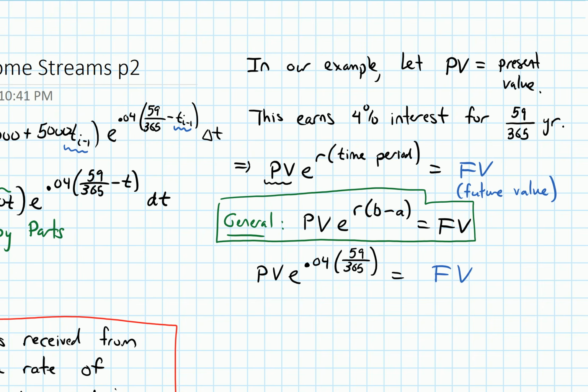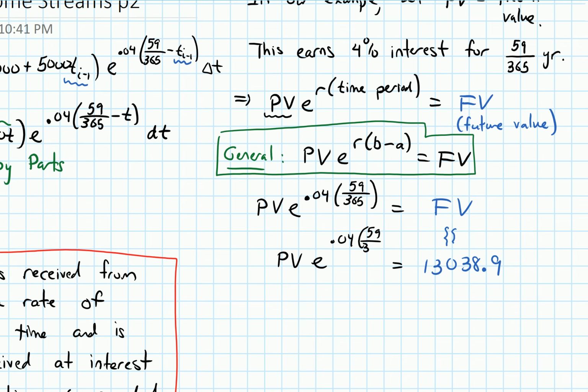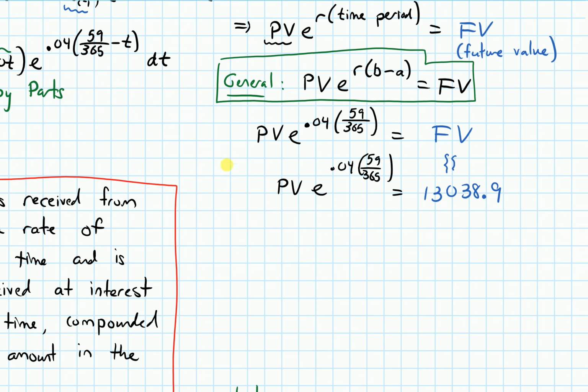The future value we computed in the last video. The future value was 13,038.9, at least approximately that when I rounded it to one decimal place. So this equals PV times e to the 0.04 times 59 over 365. Now I can isolate PV.